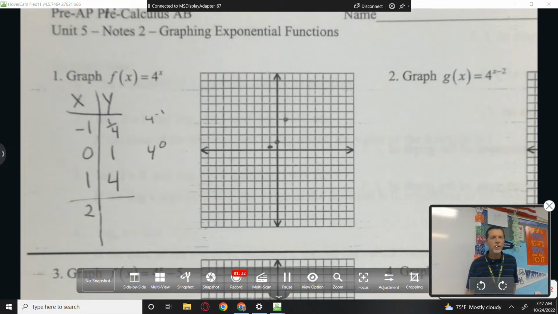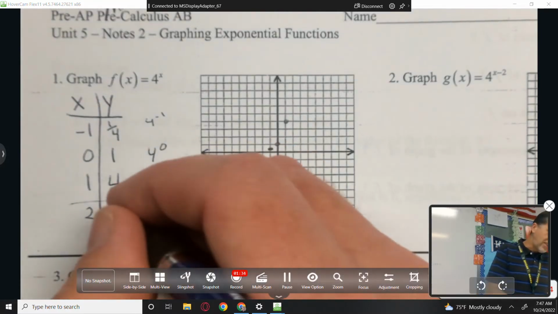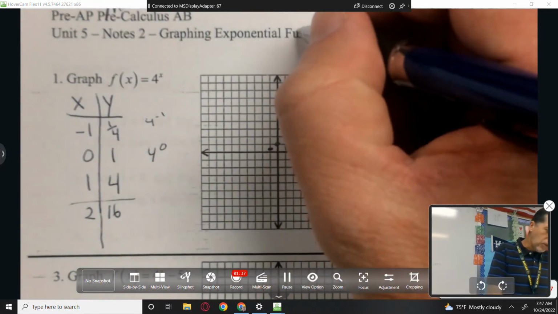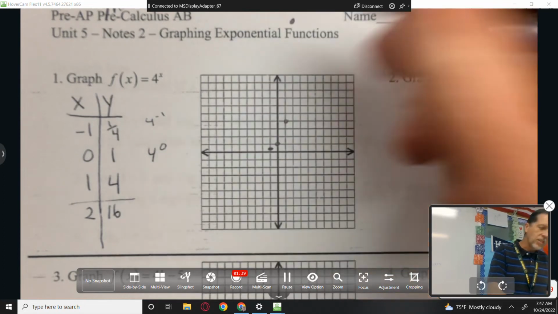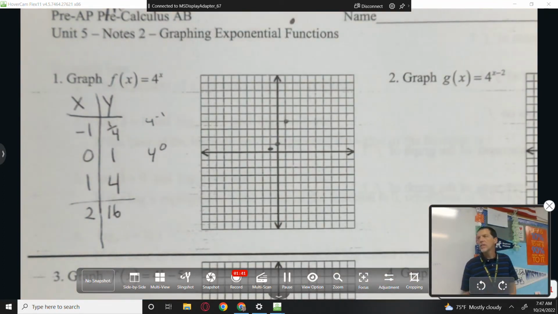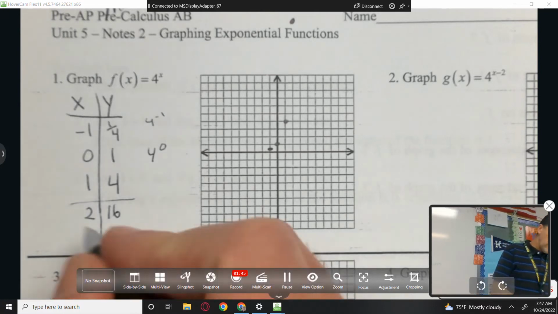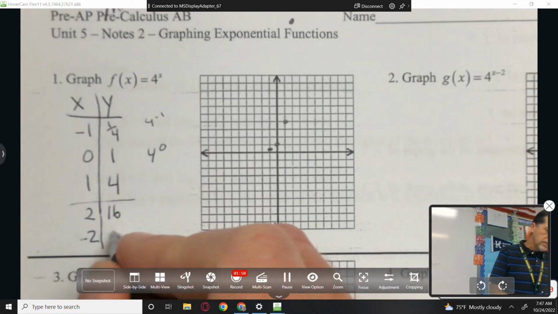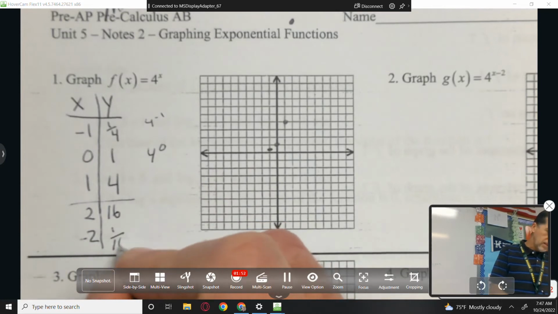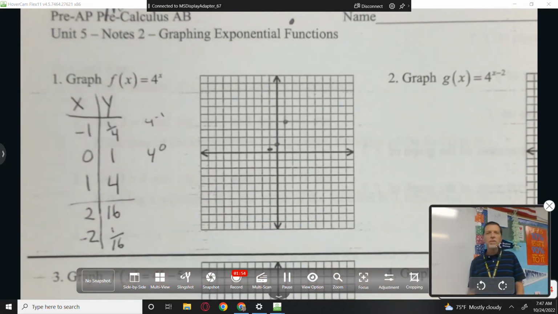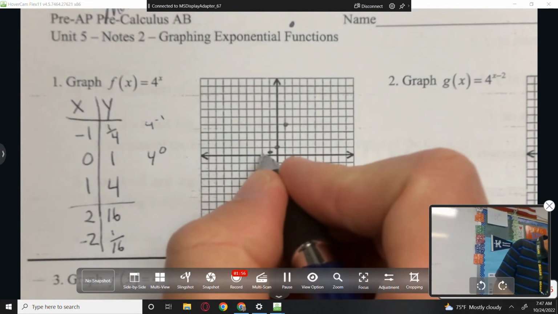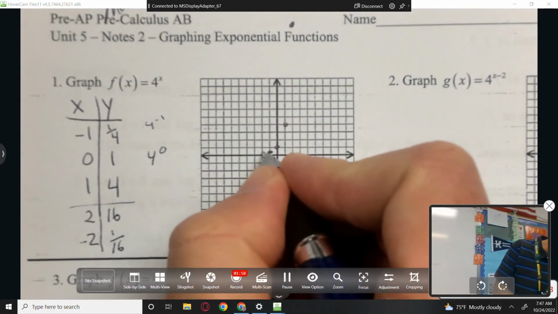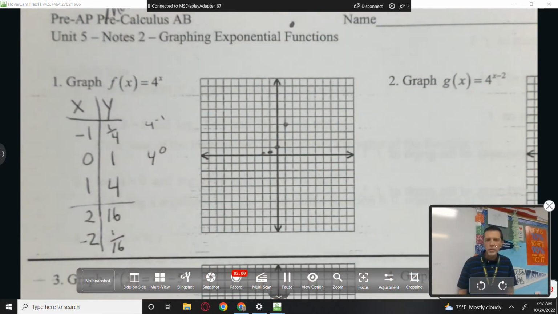So what's 4 squared? 16. And so that's way up off the page here. So this thing turns sharp and quick. What about -2? 16 in the bottom, so 1/16, which is really hard to show the difference between 1/4 and 1/16 on graph paper this small.